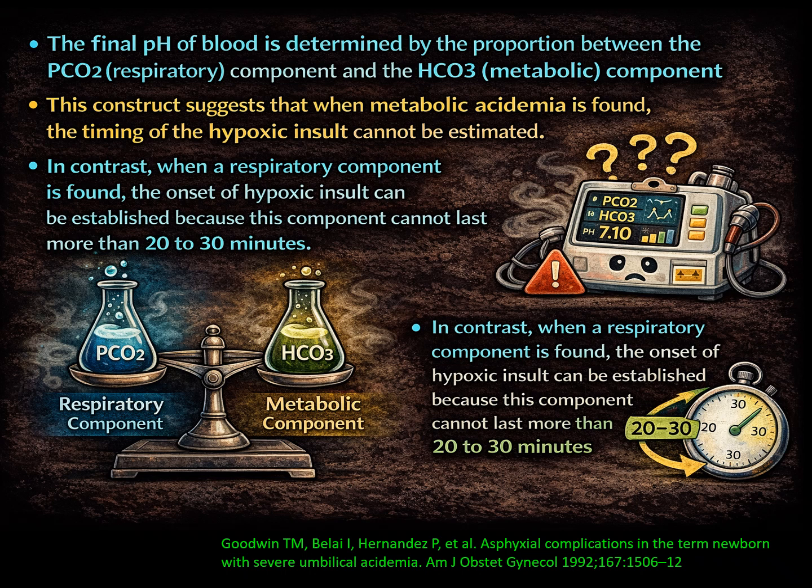In contrast, when the respiratory component is found, the onset of the hypoxic insult can be established because these components cannot last more than 20 to 30 minutes. So the presence of respiratory acidosis tells us that this started within the last 20 to 30 minutes, whereas the presence of metabolic components cannot estimate the time.